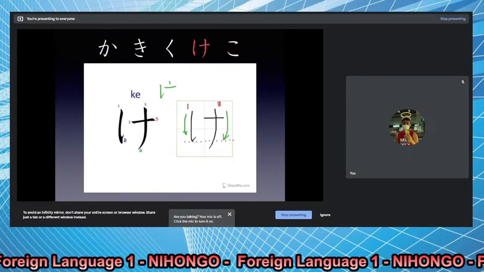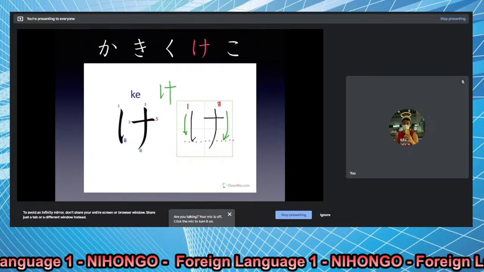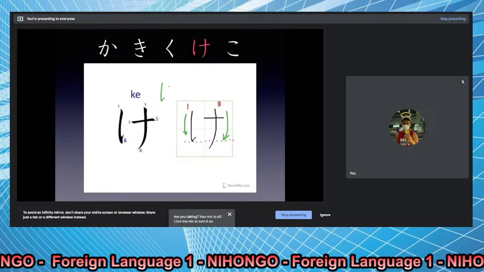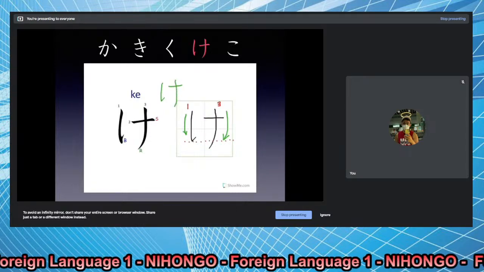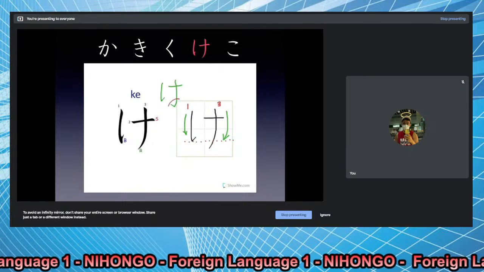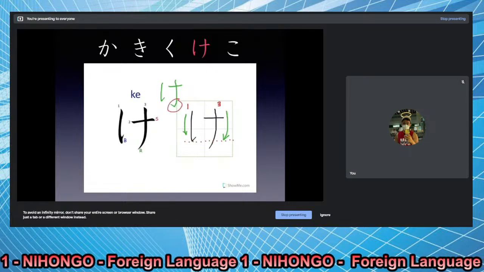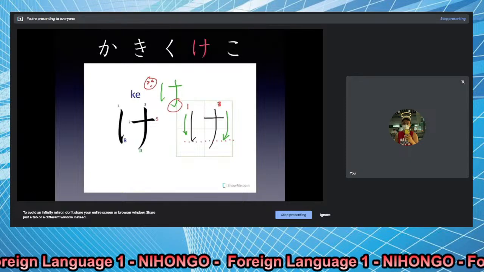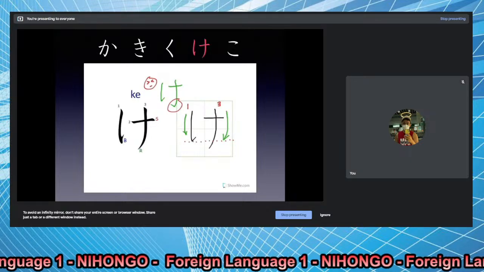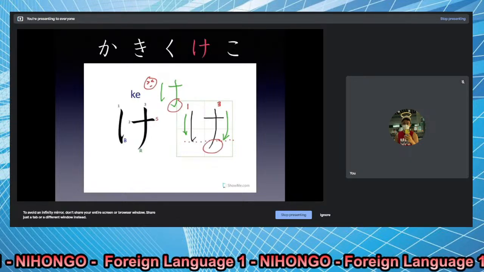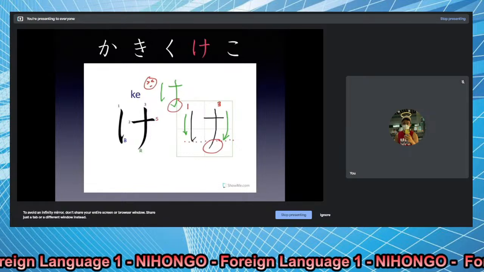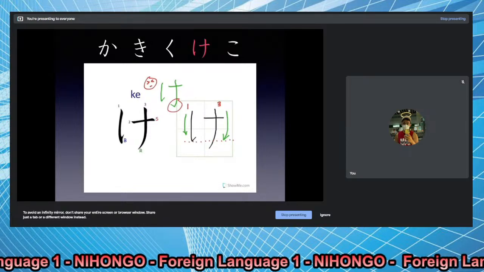So be sure not to write your ke like this. Sometimes I see my students write their ke like this. See the brush up at the end of number 3? I don't know why they do that, but please do not do it. No brush up at the end of number 3. It's release. So this is ke.